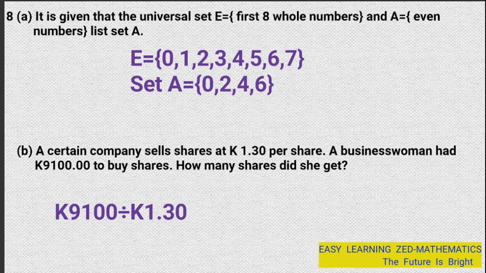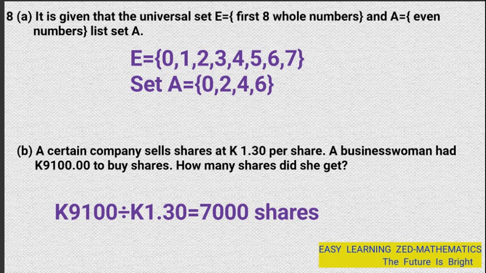So the shares the businesswoman bought were 7,000 shares. She bought 7,000 shares with 9,100 kwacha when the shares were sold at 1.3 kwacha. These were the answers examiners were expecting from you.